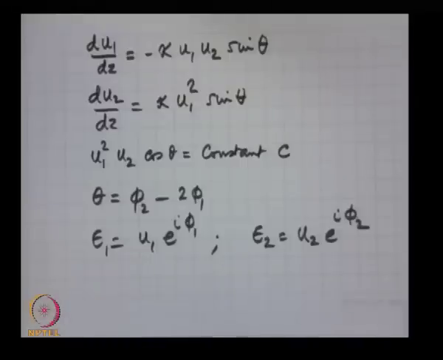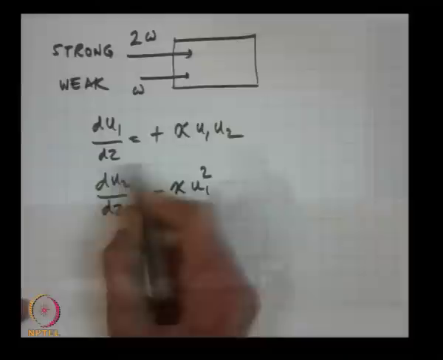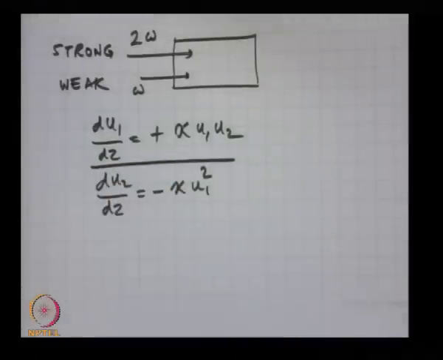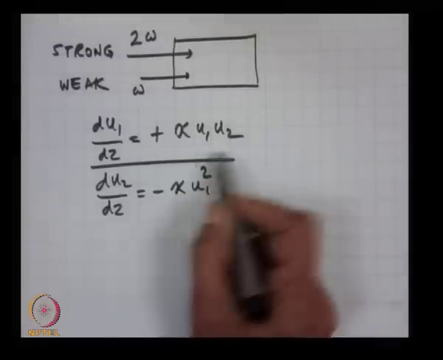So let me try to look at an example and calculate what kind of amplification I get. What is the kind of gain? If you take, for example, a situation with theta as minus pi by 2, this is the equation I get for u1 and u2. If I assume no pump depletion, that means if I assume 2 omega is very strong and the amount of power lost from 2 omega is very small, I can assume u2 to be a constant and integrate this equation.